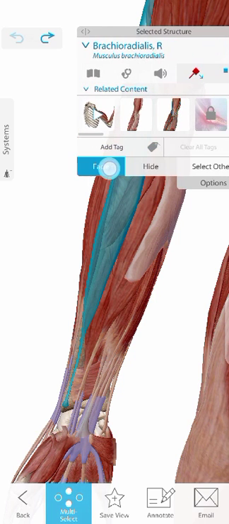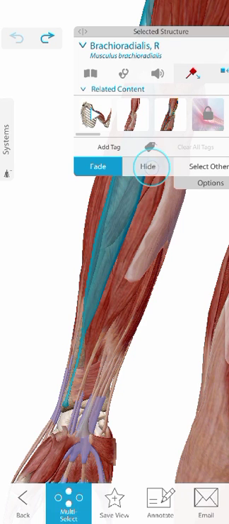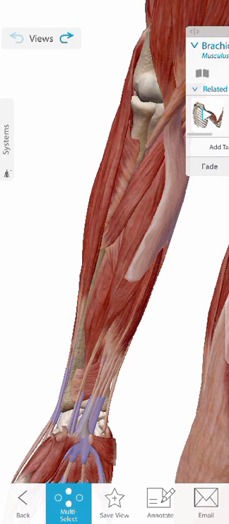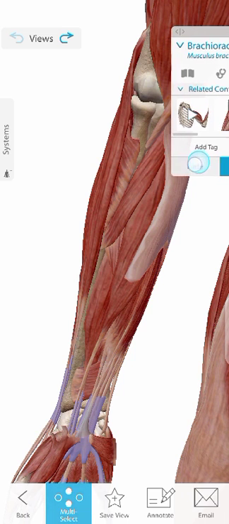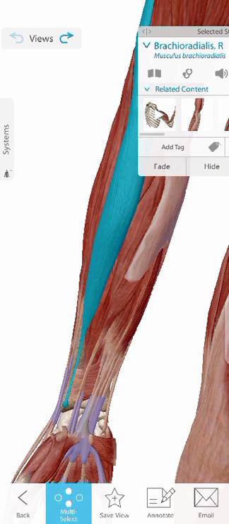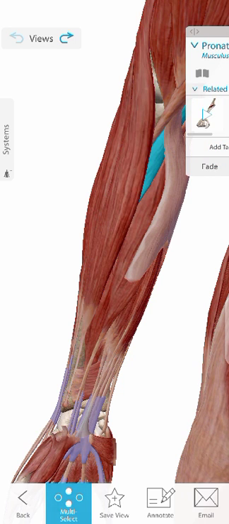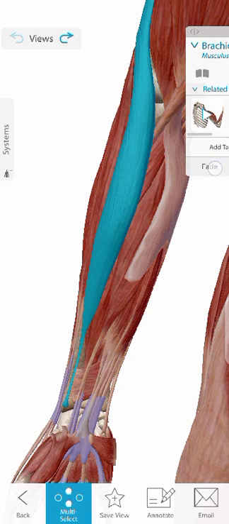So this muscle is the brachioradialis muscle, and then when you take that away you can now see the deeper muscle. Okay, so let's bring the muscle back. Brachioradialis, when it's there you can't see the lateral part of this muscle. You can see that this muscle is hidden under the brachioradialis muscle, but when we fade it out you can see the rest of this muscle.